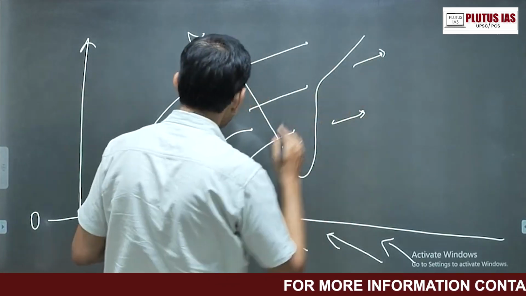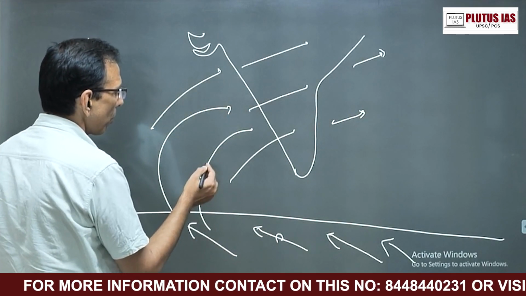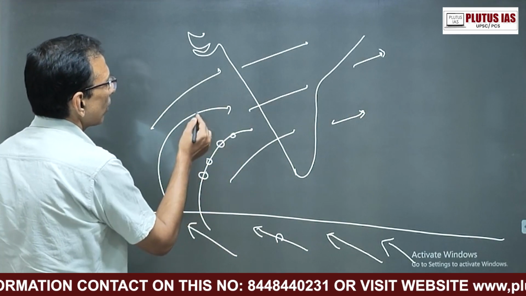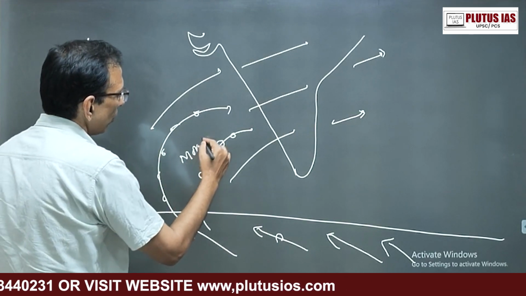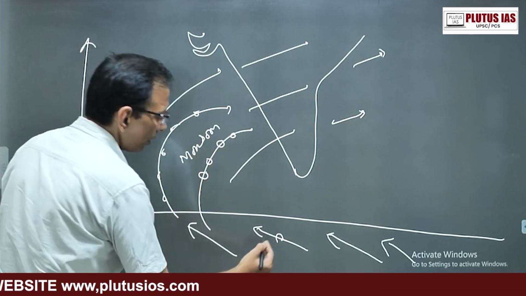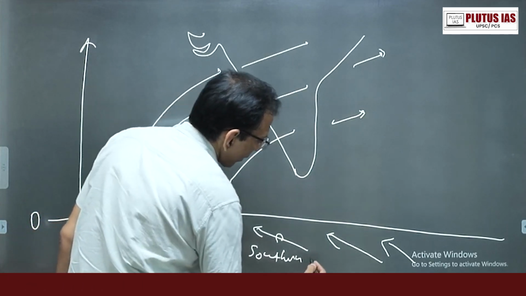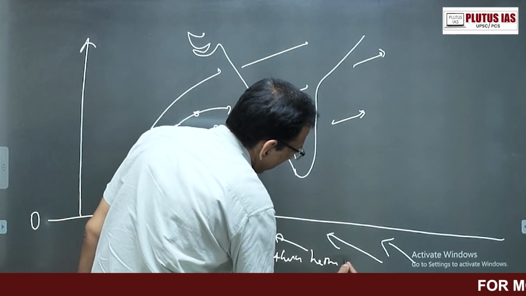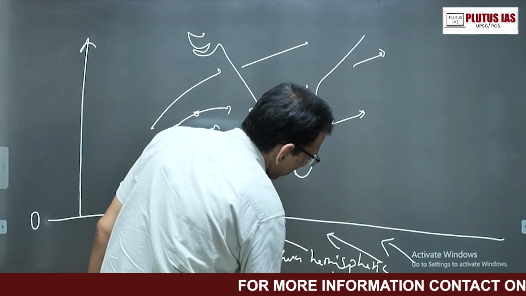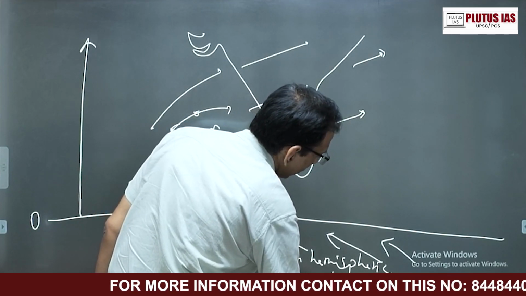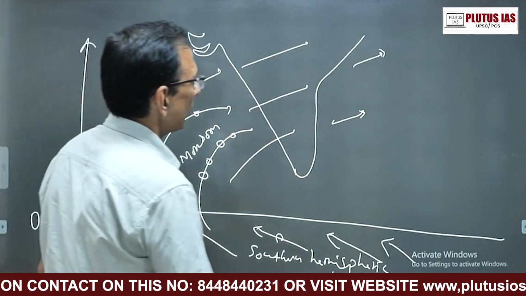This is the trade wind, and when it comes to India, it is known as monsoon. Here is the southern hemispheric trade wind, right?